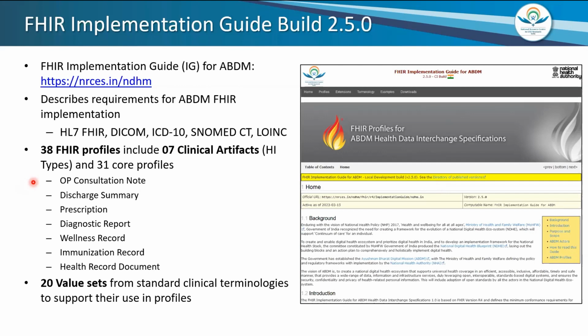To complete that health cycle, initially all of these HI types or clinical artifacts were identified, and to have a standard in place, we have FHIR as the structure standard for the exchange, and internal standards also, where for terminology we are using SNOMED CT, and LOINC for laboratory. So we have different standards in place in that FHIR structure.